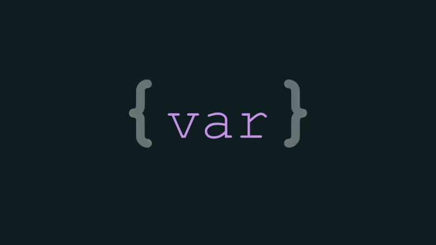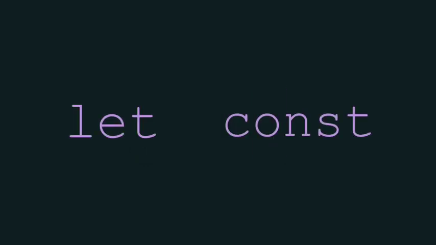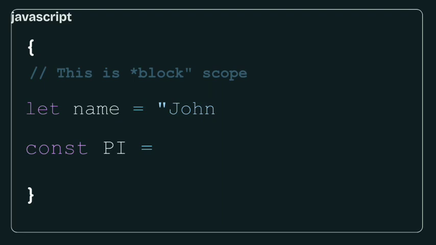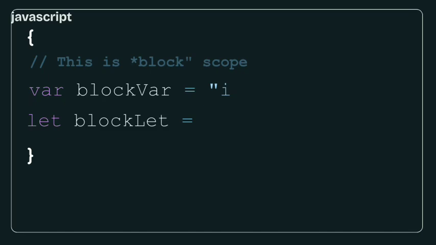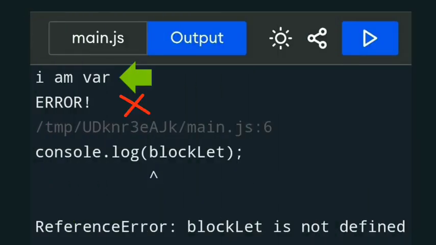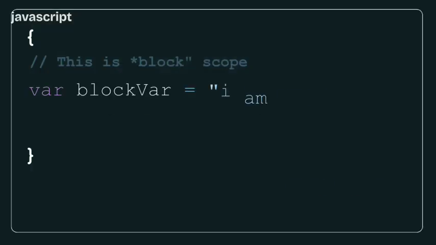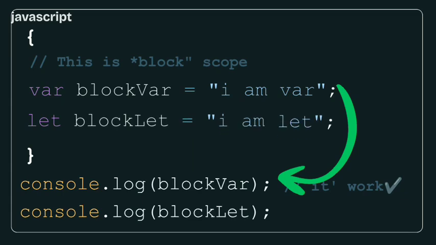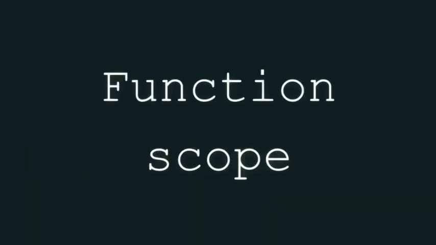Let me show you why using var inside blocks can catch even experienced developers off guard. We know that with let and const, variables stay inside their blocks. But var plays by completely different rules. Let's see this example. The var variable just escaped the block like it was never there. This is because var is function scoped, not block scoped.